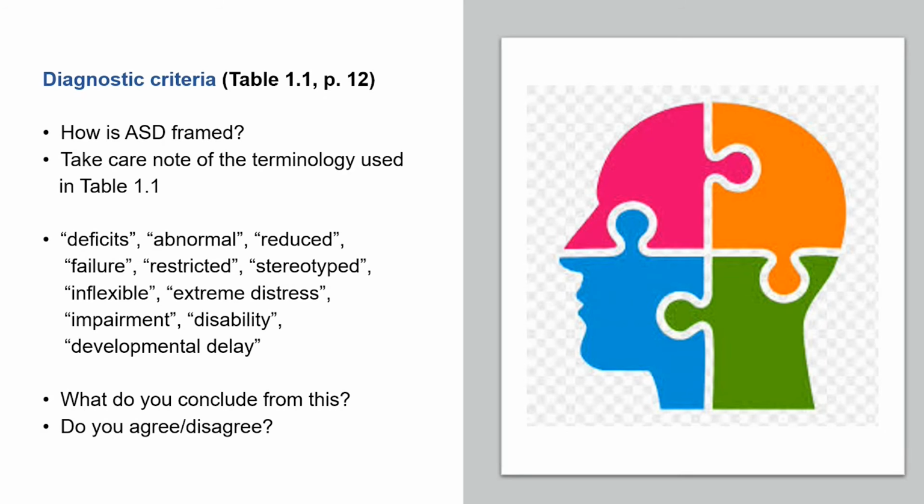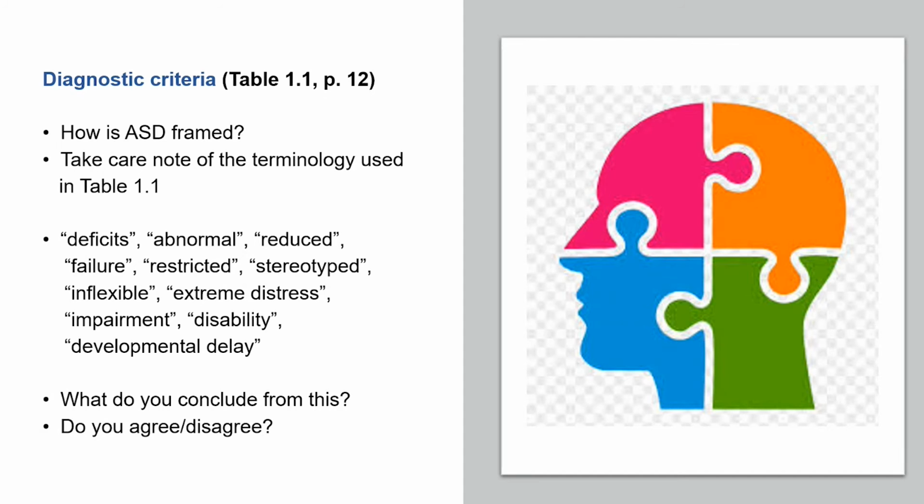And you'll see these are the terms that are used in the diagnostic criteria. It includes words such as deficit, abnormal, reduced, failure, restricted, stereotyped, inflexible, extreme distress, impairment, disability, and developmental delay.